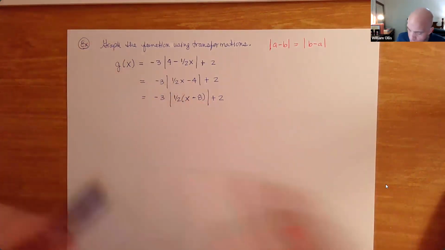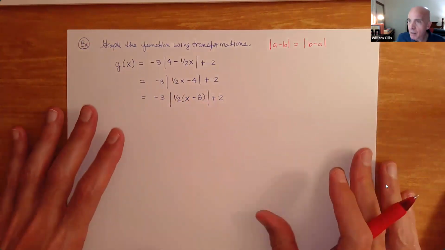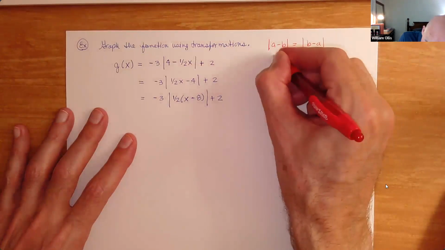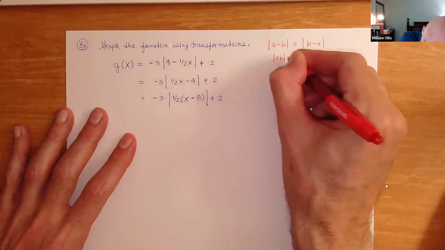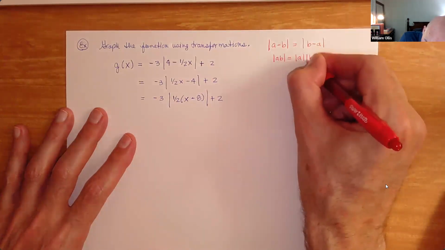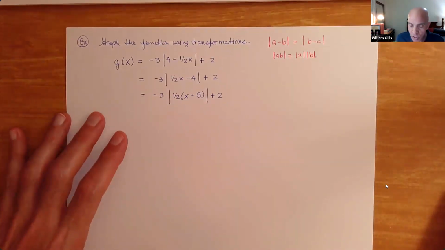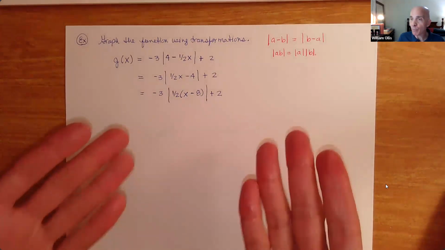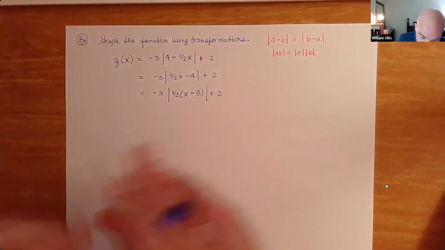And now let's use the fact that the absolute value of a product is the product of absolute values. So if we have AB, that's just the absolute value of A times the absolute value of B. So what I'm trying to do here is use properties of the absolute value with the function transformations. And since we have these beautiful properties, we might as well use them.